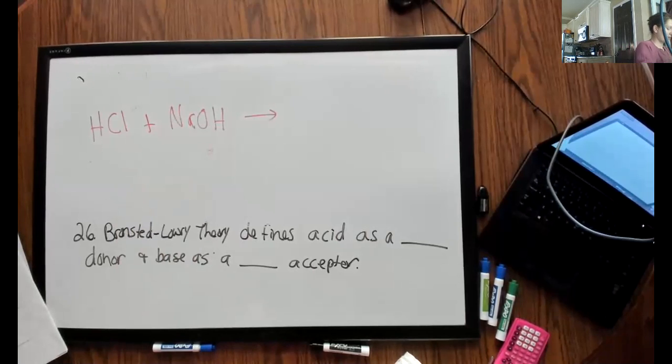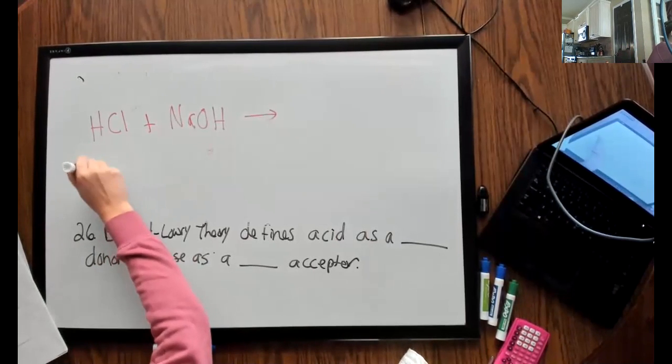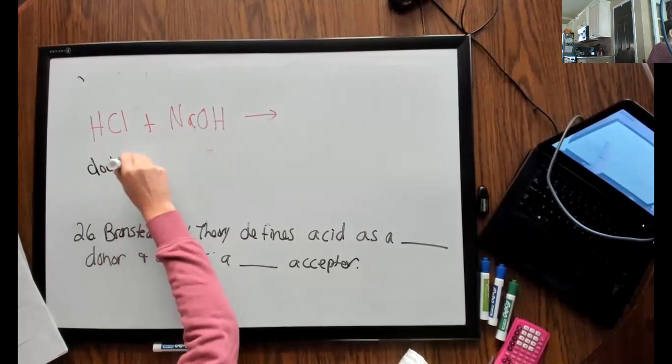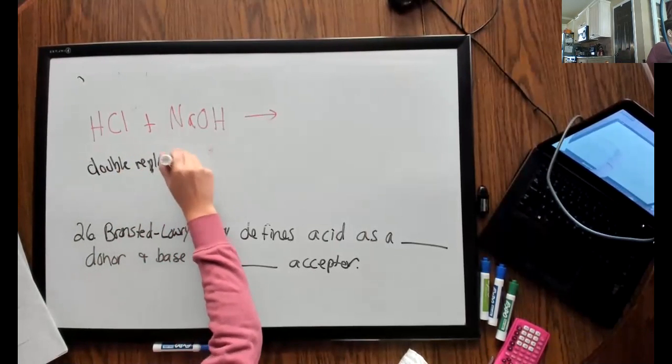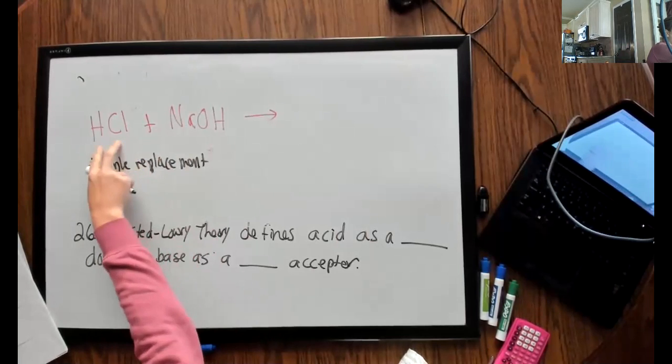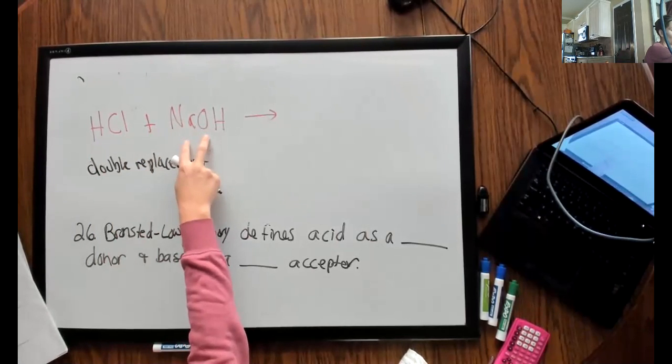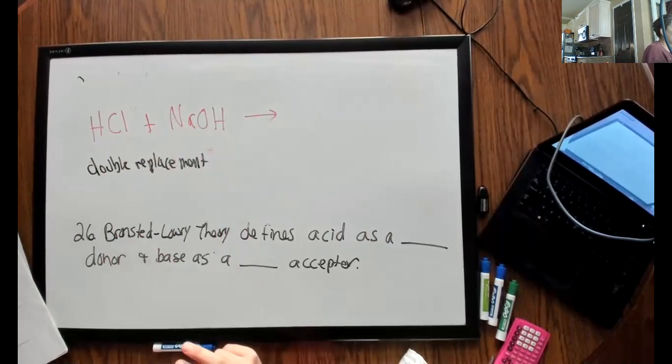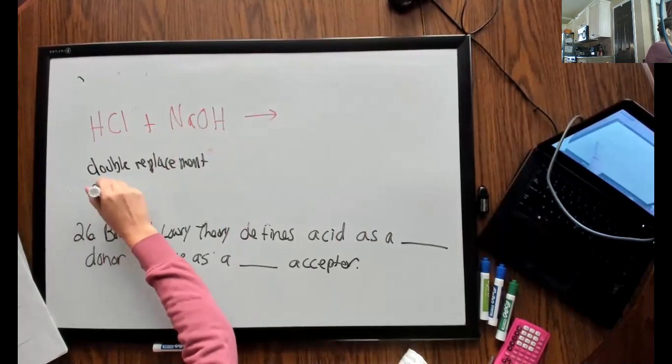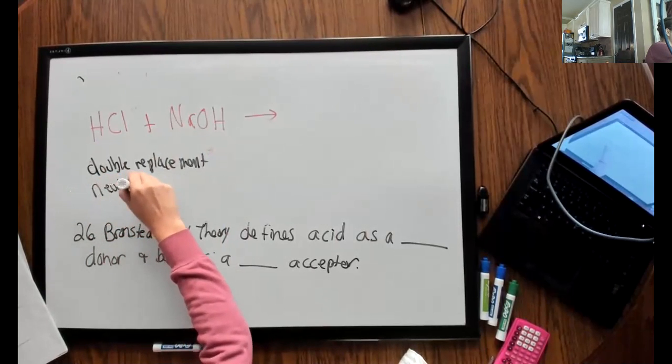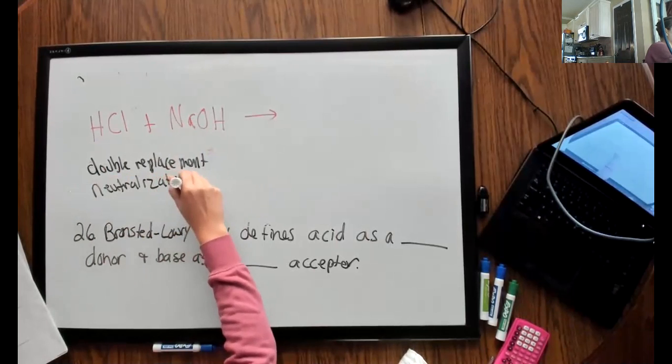Double replacement, because we have a compound reacting with a compound and they're going to switch partners. But in this chapter, we're going to also refer to it as a neutralization reaction.